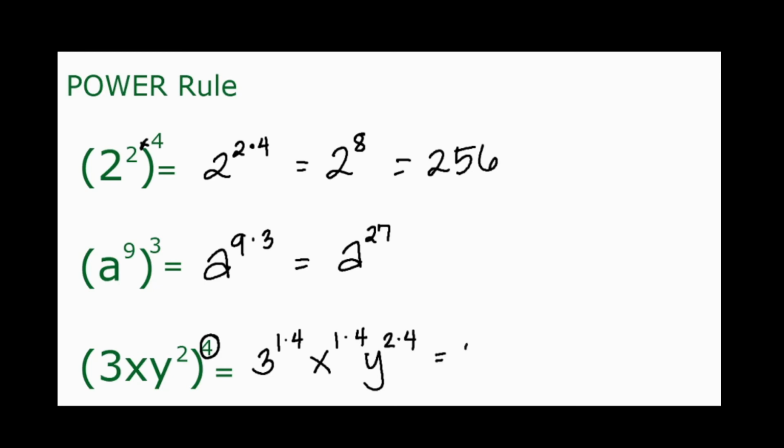We have 3 raised to 4, x 1 times 4 is 4, and y 2 times 4 is 8. But again, as you can see, we have here a whole number with an exponent, therefore we have to continue simplifying it. So 3 raised to 4 is equal to 81. X raised to 4, y raised to 8.